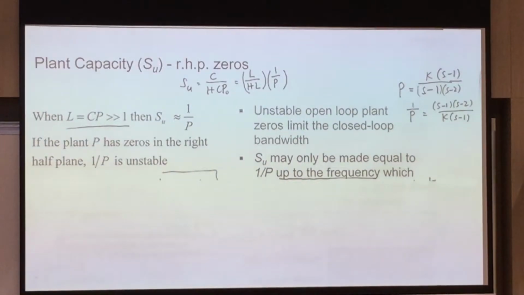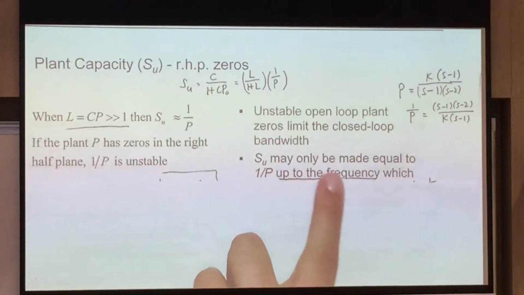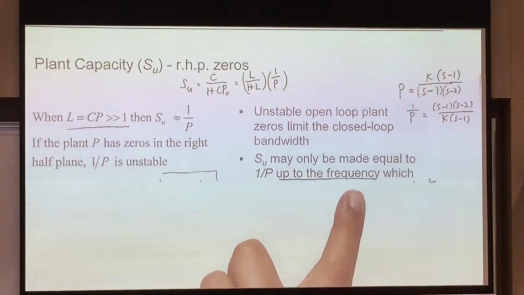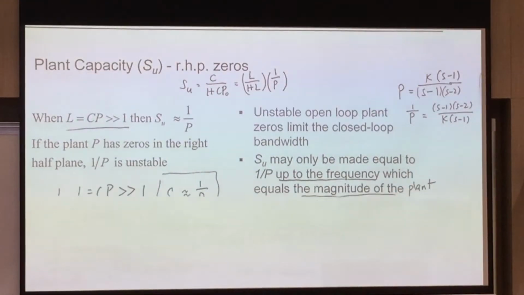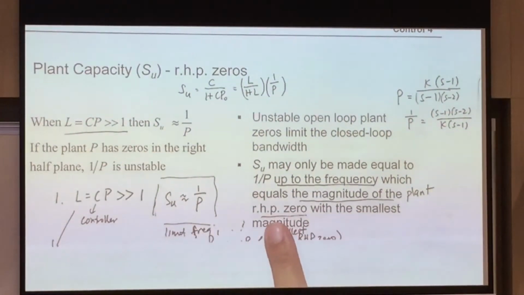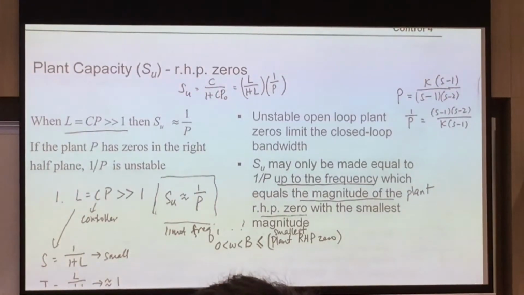And these unstable zeros will actually limit your frequency range of operation. So we say that Su, the control sensitivity function, may only be made equal to 1 over P up to a certain frequency range, and that frequency is equal to the magnitude of the smallest right-hand plane zero of the plant. This is a summary of what we are going to talk about.